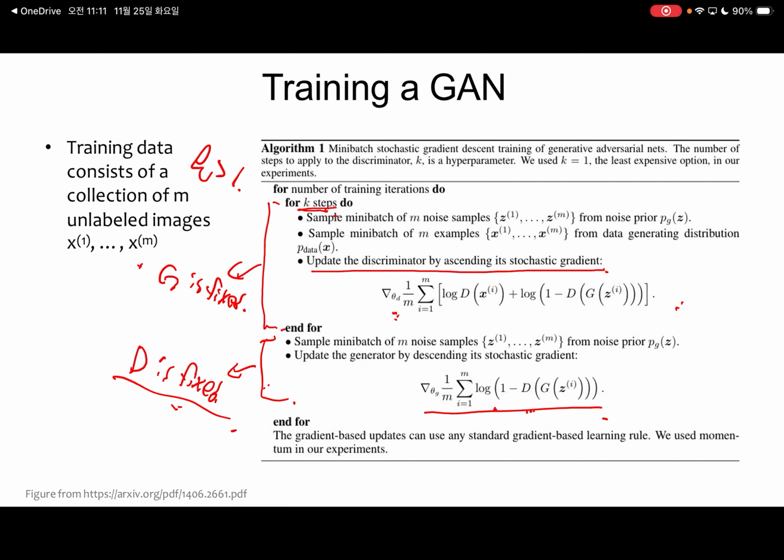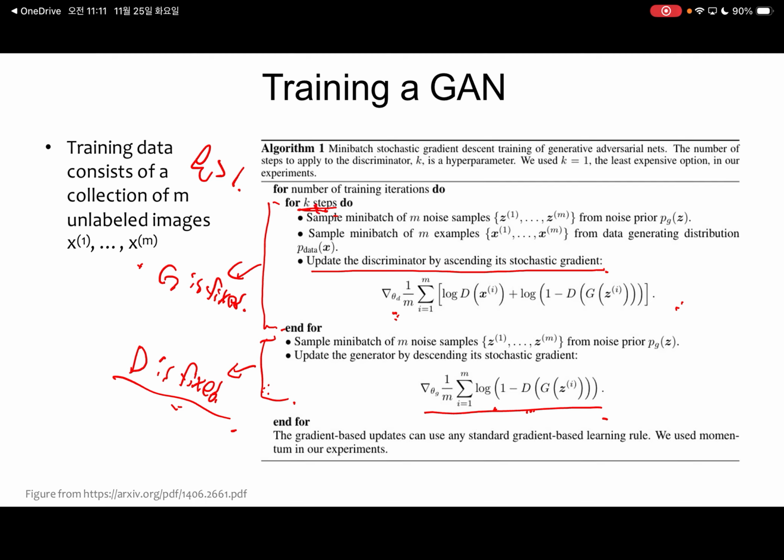If k is too small, the discriminator is too weak because it does not have enough training iterations, and G is too strong, meaning it can easily fool the discriminator, so we cannot achieve what we want. On the other hand, if k is too large and the discriminator becomes too strong, the generator fails to fool the discriminator, so we cannot reach our desired quality bar. So there should be a very careful balance between discriminator and generator.